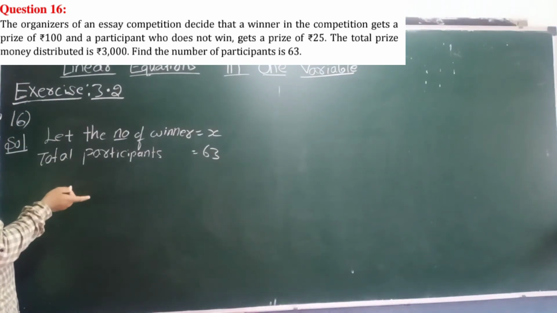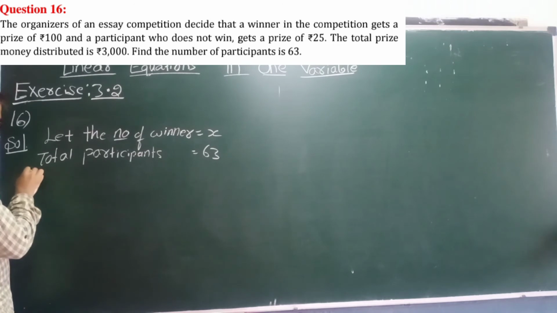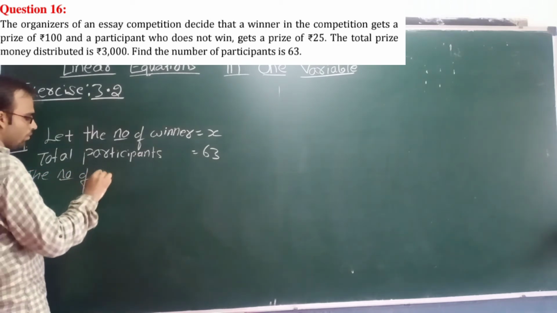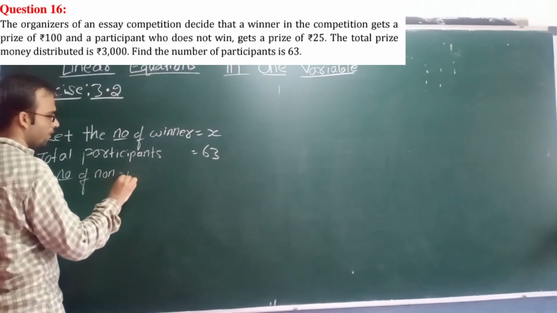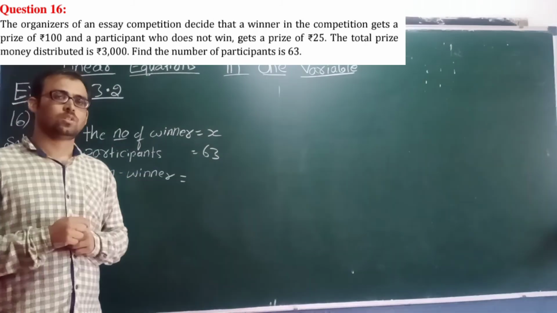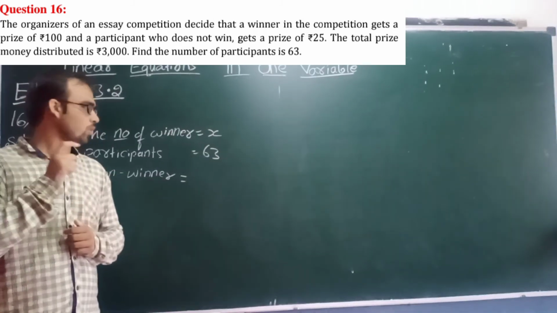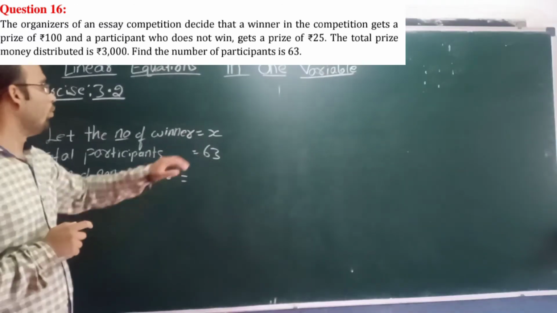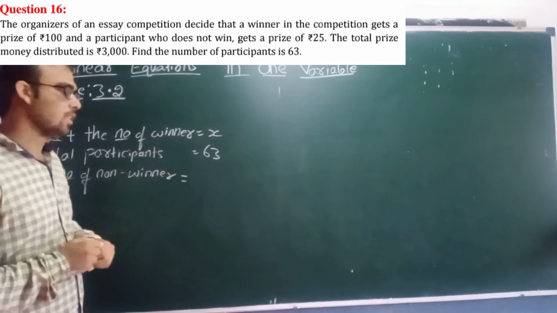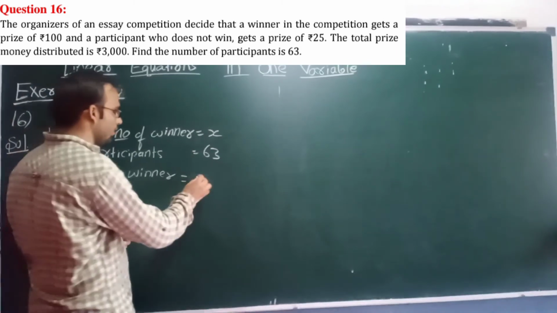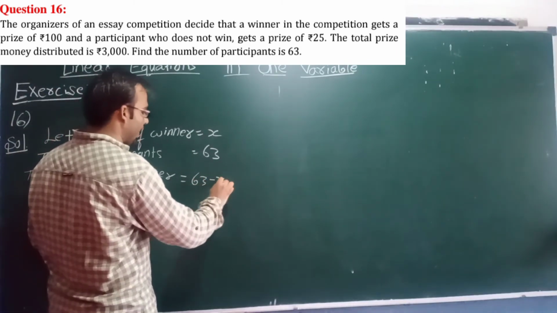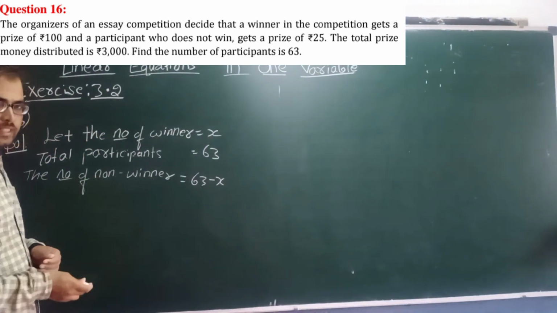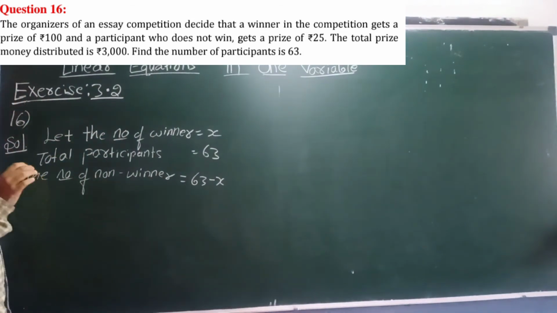The number of losers or non-winners. So here, students, if the total number of participants is 63 and the participants who have won the competition is x, then we can get 63 minus x as the number of participants who have not won the essay competition.